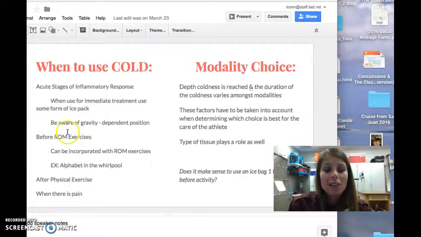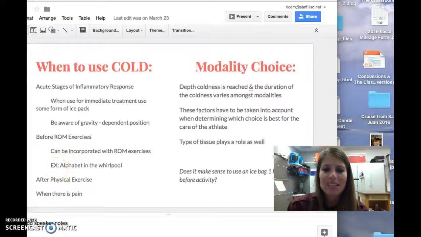We can often see cold used before range of motion exercises, especially if they are limiting their range of motion due to discomfort rather than some other type of limitation. It's more, it hurts when they do this, because we know that pain is going to decrease with ice. We always like it when we can incorporate your range of motion exercises or your rehab exercises with the cryotherapy.